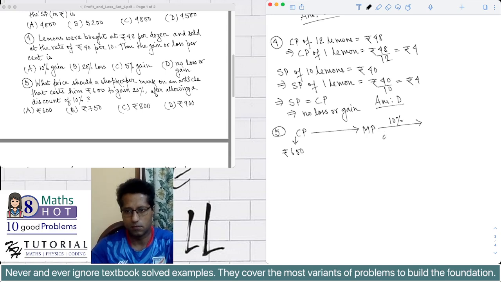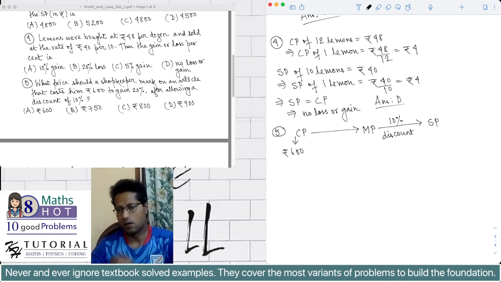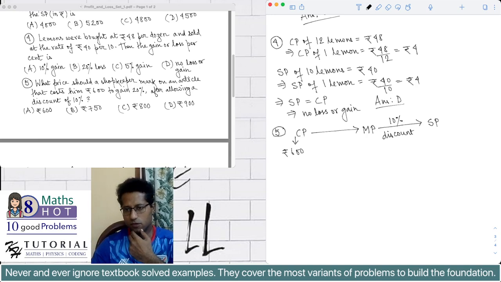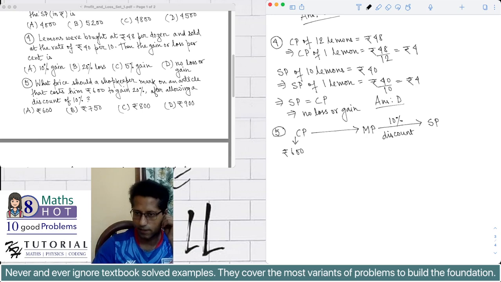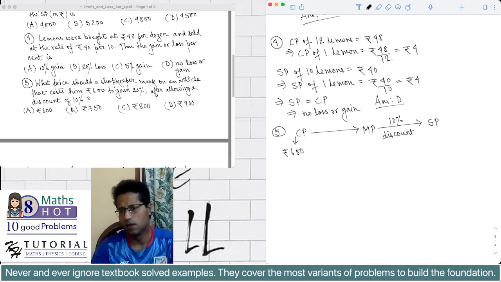Finally, after the discount, we have the selling price. The discount is always calculated on the mark price. So the discount amount will be 10% of the mark price, and the selling price will be the mark price minus the discount.